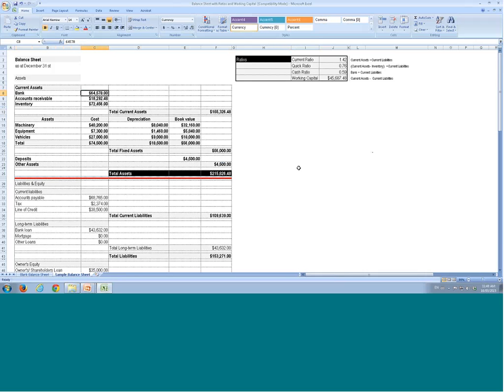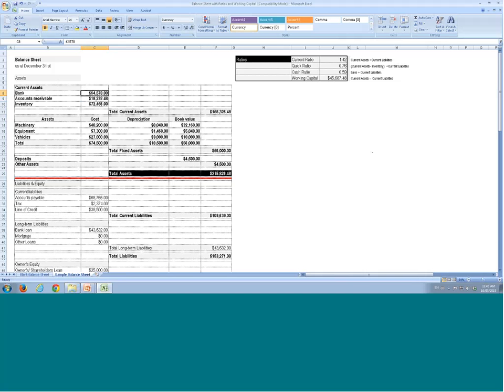It has accounts receivable outstanding on this date of $18,292.48. It has inventory of $72,456, giving it a total current assets of $155,326.48. So where did we get these numbers from?